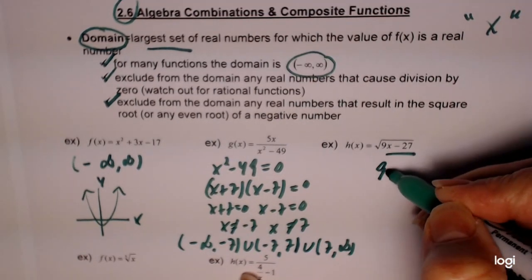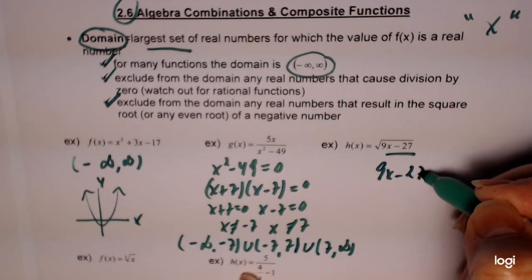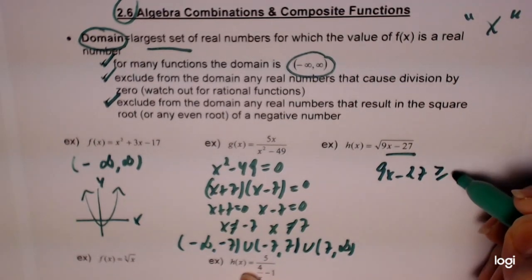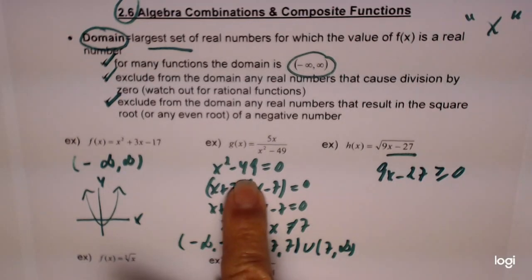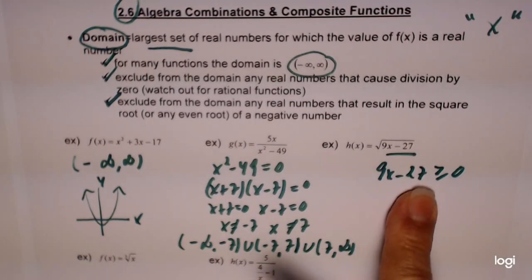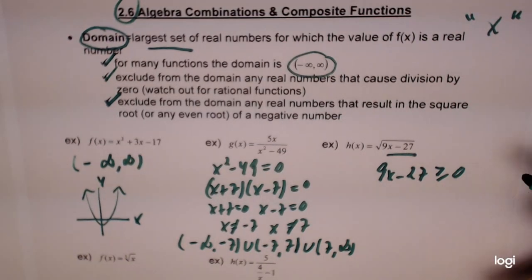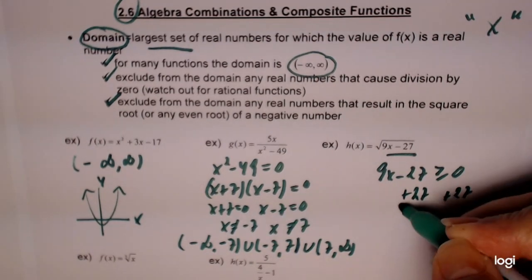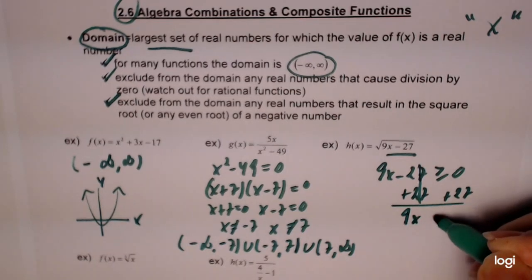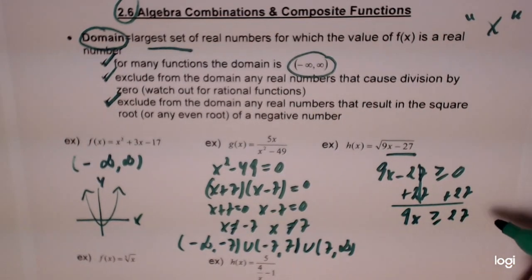So the way I write this is 9x minus 27 is greater than or equal to 0. So you see for each situation, I create a statement. Here is an equation, it's an inequality, and then we solve to find the domain. So let's go here. We can add 27 to both sides. And 9x is greater than or equal to 27.